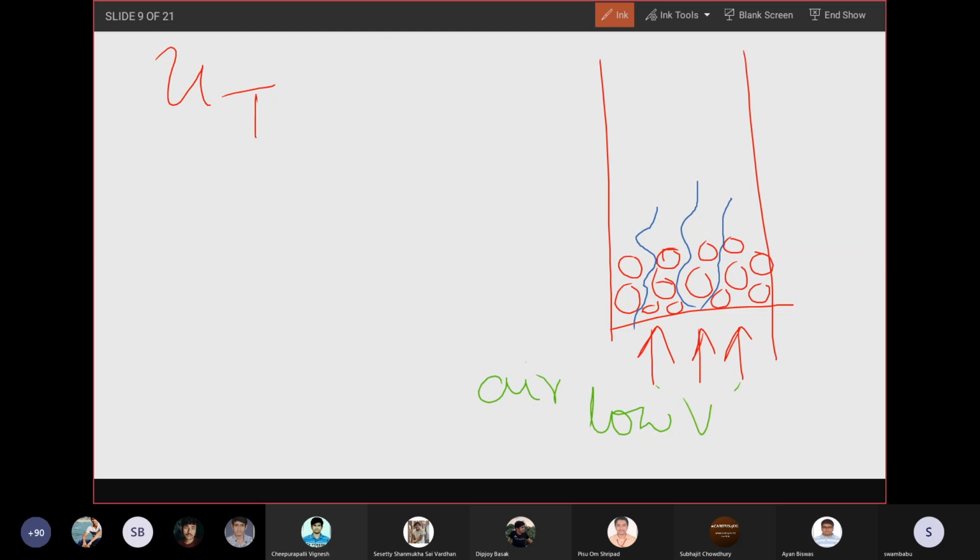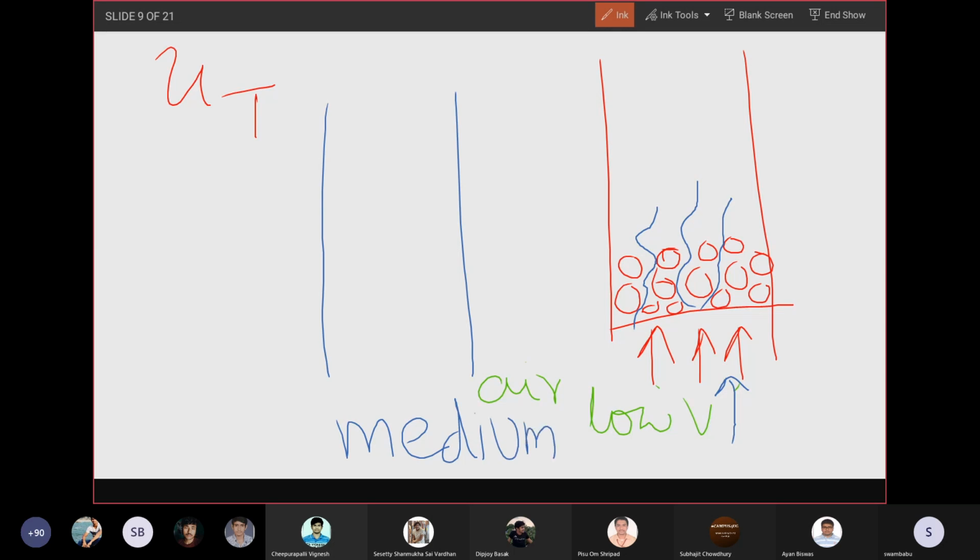If I increase the velocity higher, at some point of time, what you'll observe is this. This is low velocity. Let's say I am putting medium velocity that is slightly higher than the choking velocity.